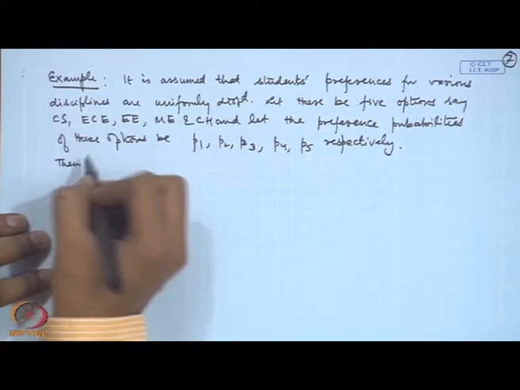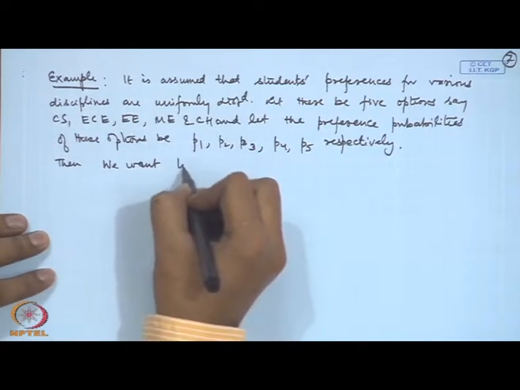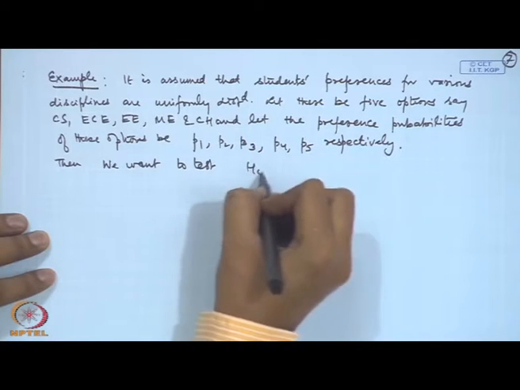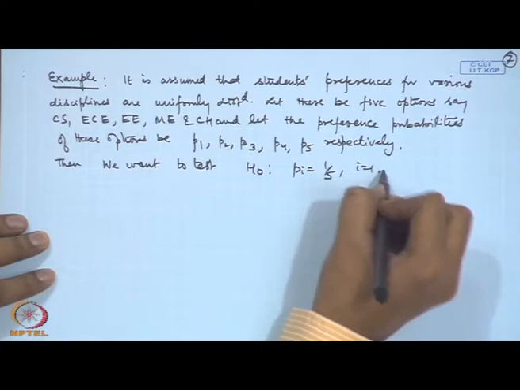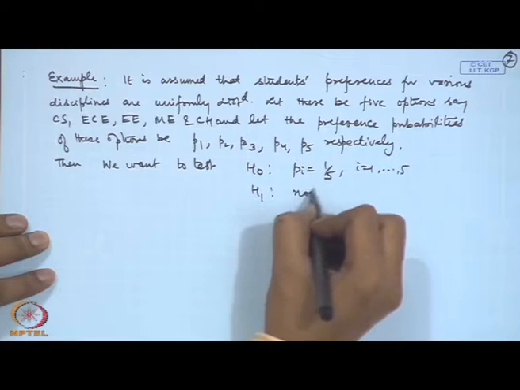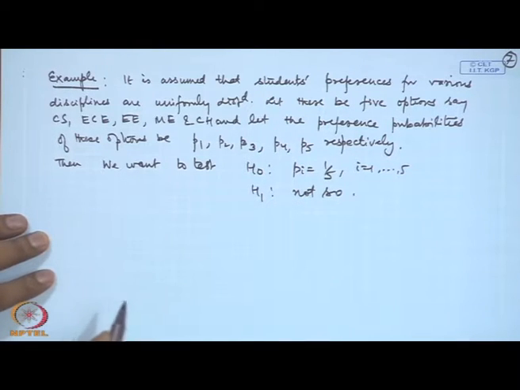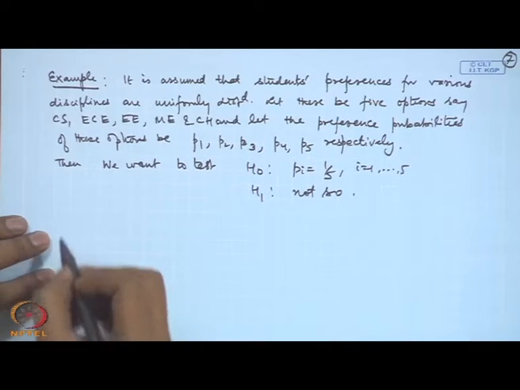Then we want to test, that is, P_i is equal to 1 by 5 for i equal to 1 to 5 against not so. That means we are assuming a discrete uniform distribution for the preferences.